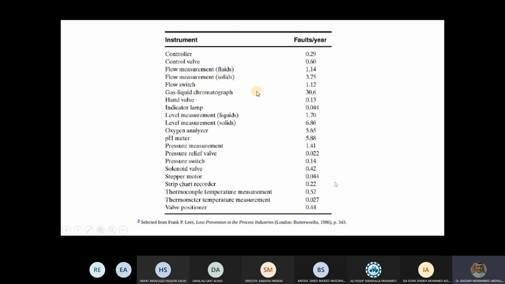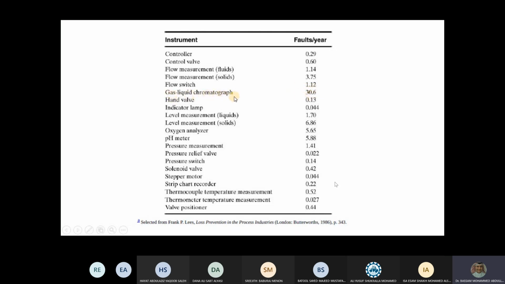A gas liquid chromatography, I don't know if you dealt with that, but I dealt with it, and it's crazy. If you have a chromatography at your lab, you see how many faults per year. It's 30.6 faults per year. So you're talking about like every 10 days you're having a fault. And that is true. We always have a problem and call the technician. The technician comes, what problem do you have?